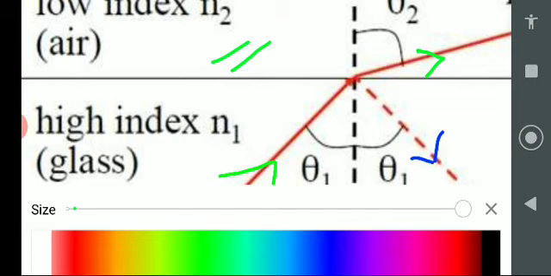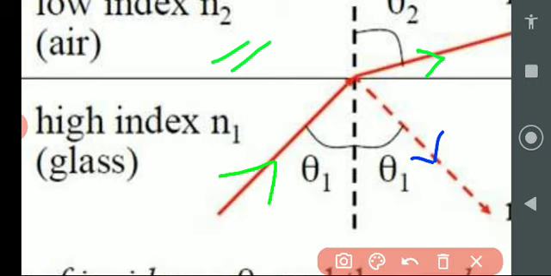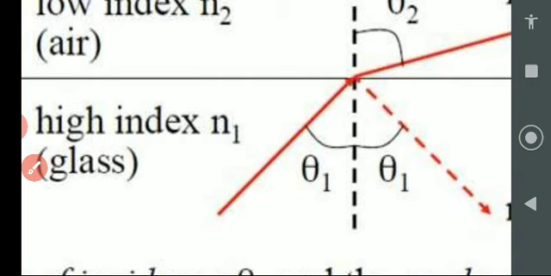But how much is reflected back into the core and how much is refracted into the clad is decided by the critical angle.